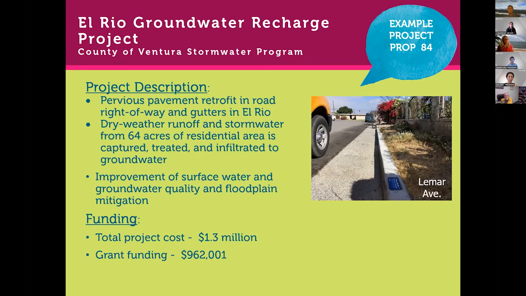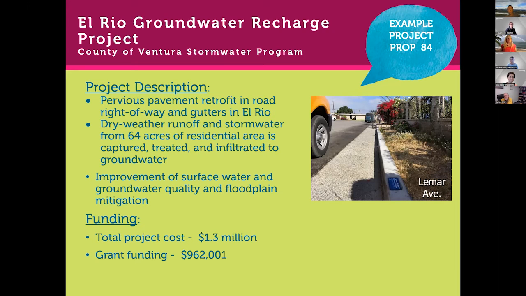And then another project, which is a much smaller project, and an example of something we might see coming out of this process in the DACI grant, is the El Rio groundwater recharge project. Some of you on this call probably are familiar with this.